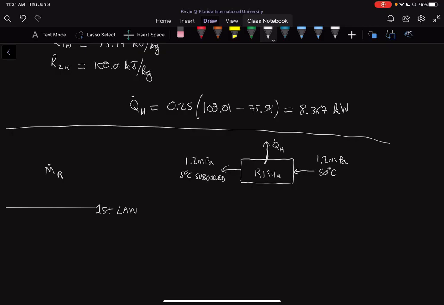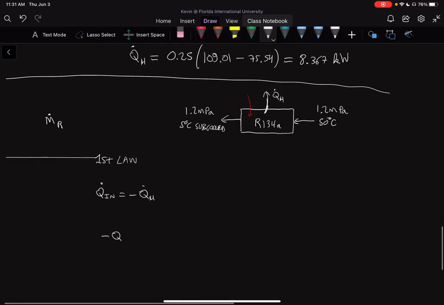So this time, our Q in is actually going to be negative Q dot H, right? If we think about it, Q in would just be the negative of Q dot H. And so we have negative Q dot H is equal to m dot R multiplied by (h2R minus h1R).